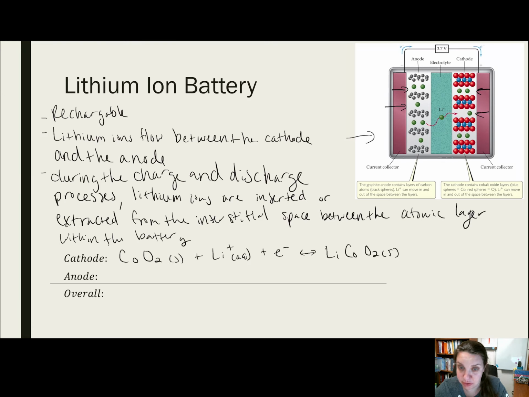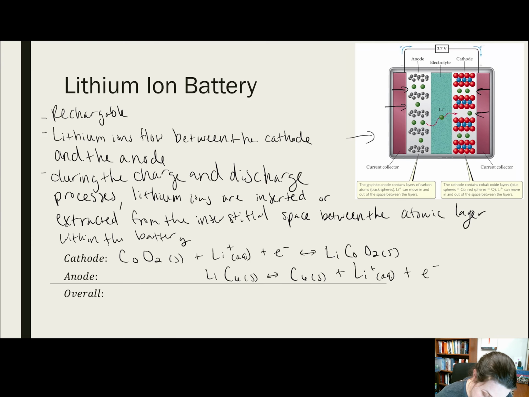Then at the anode, we've got a lithium species that reacts with our graphite layers to produce lithium ions.